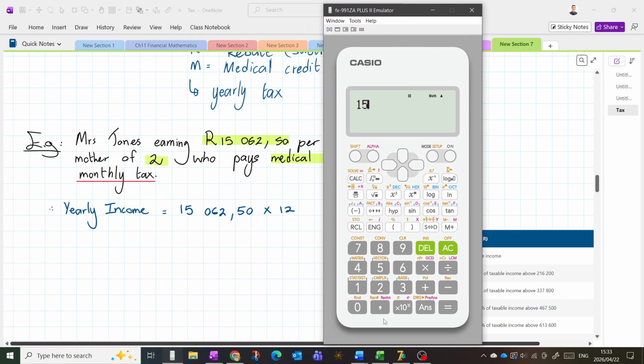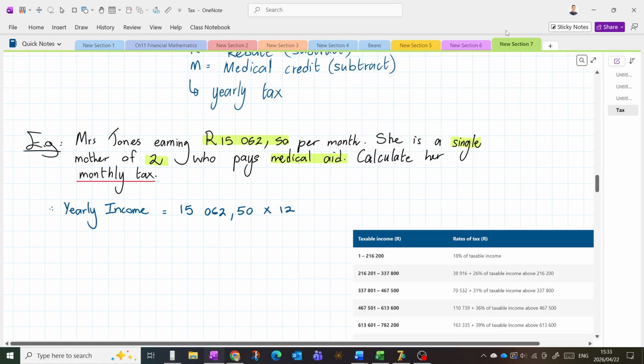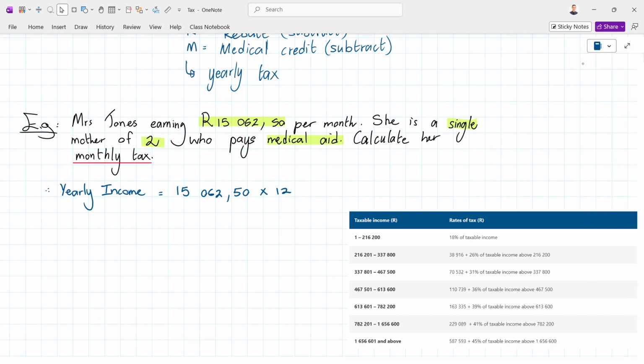So 15,062 Rand and 50 cents times 12. And that's going to give me 180,750 Rand. So that is 180,750 Rand.